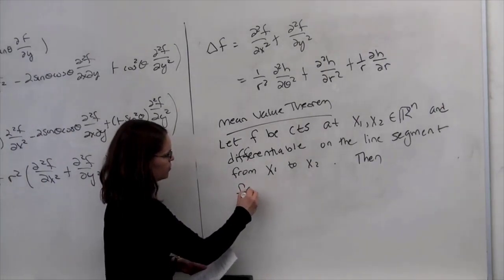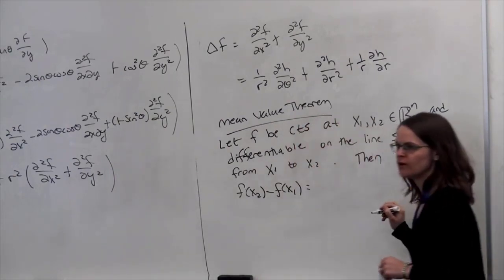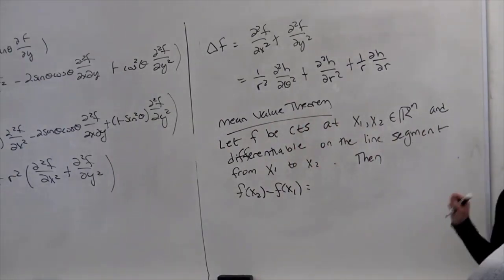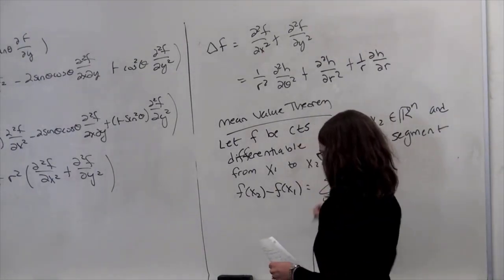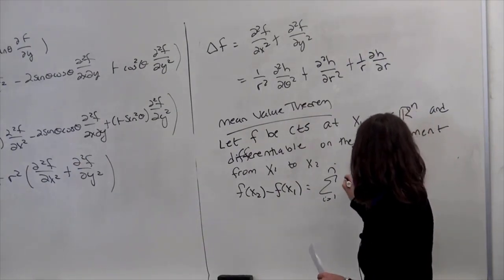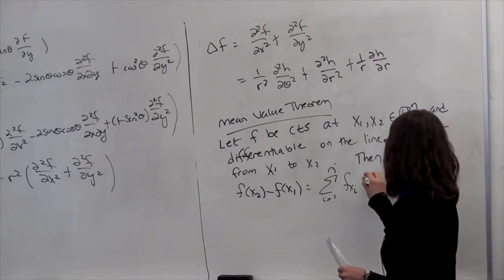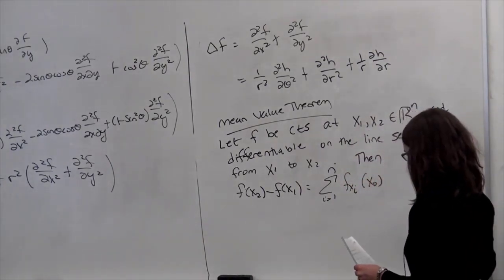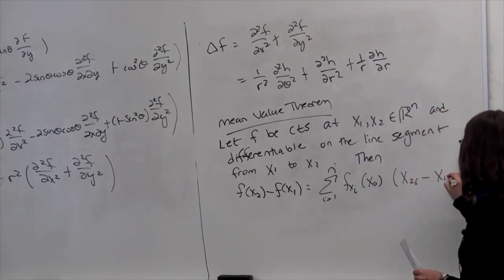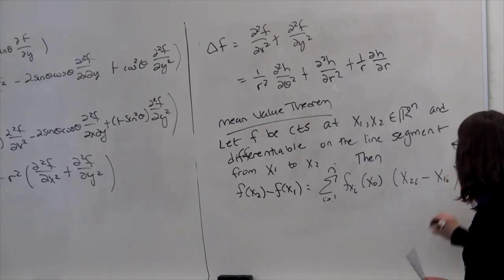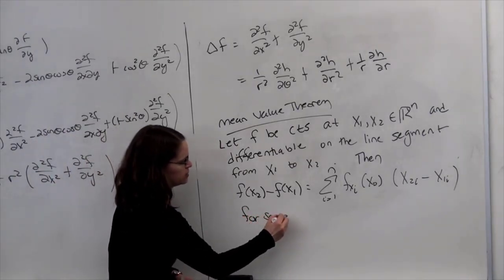But we're going to be able to say that f of x2 minus f of x1 is equal to, and now we have to run through all these different components that we have, right? We don't just have a derivative, we have all these partial derivatives. It is going to be the derivative with respect to xi, evaluated somewhere, okay, times component-wise, x2i minus x1i, for some x naught on the line segment.